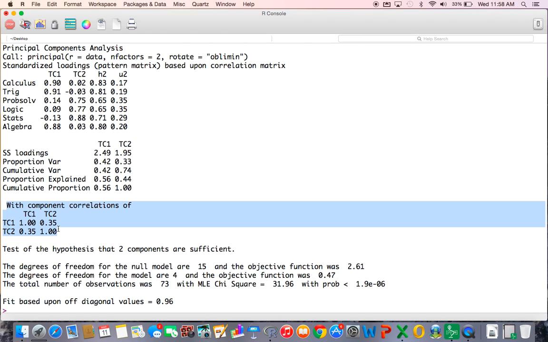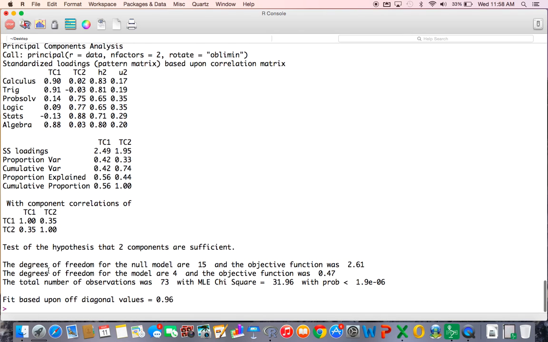Now, if I had correlations between component 1 and component 2 that were less than 0.3, then I would feel comfortable with just reporting what I got from the orthogonal rotation. But again, it's a close call, with the 0.35, I would feel more comfortable controlling for that and running the oblique rotation, which we just did.